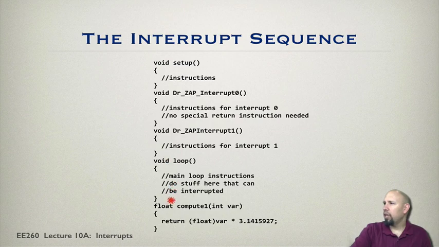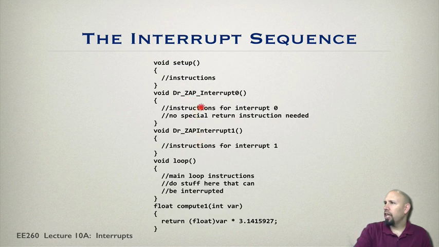And then I have my loop command. And here's just some other function that's going to take the integer variable, or var, convert it to a float and multiply by pi and return that value. Supposedly that's going to be used in here. All right, so this is the basic way that a program would be set up.